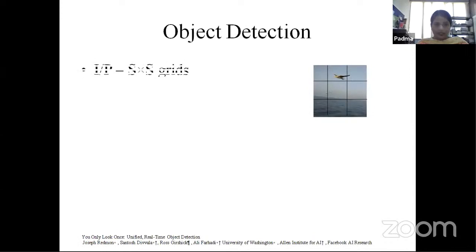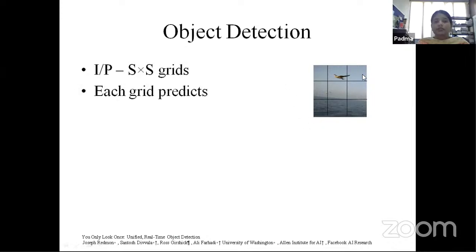Okay. So here, the given input image is divided into n number of grids. The total number of grids would be S cross S. So if the input image is this, then I can divide it into 3 cross 3, so the total number of grids formed from this input image is 9.